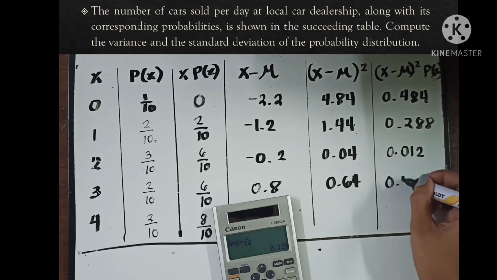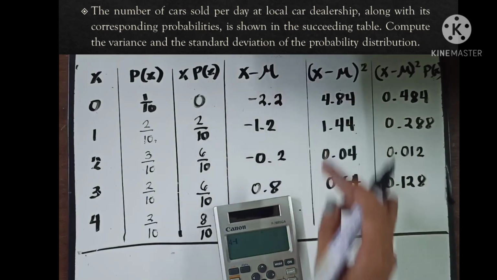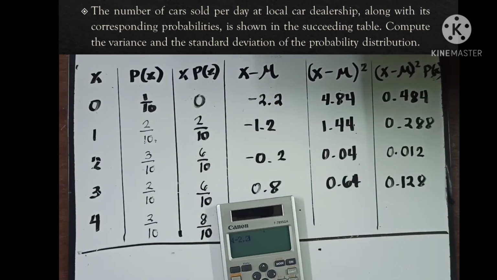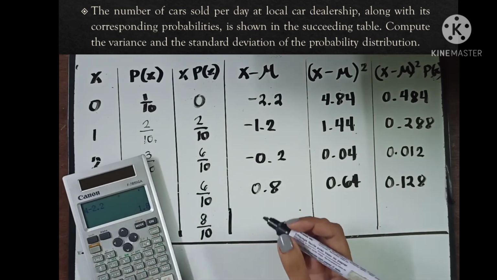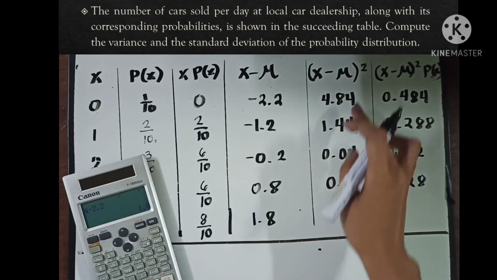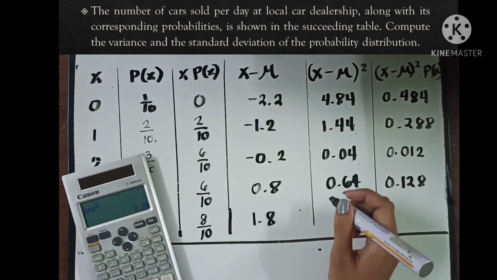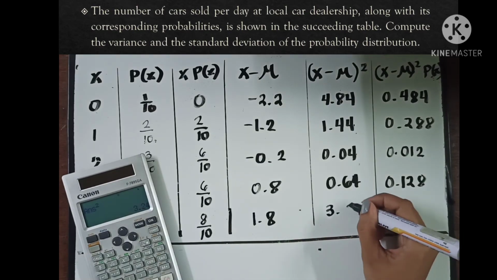And for the last row, so the value of x is 4 minus ang value ng mu natin, which is 2.2. That is equal to 1.8. Then after that, pindot ulit si squared. Okay, so that is equal to 3.24.